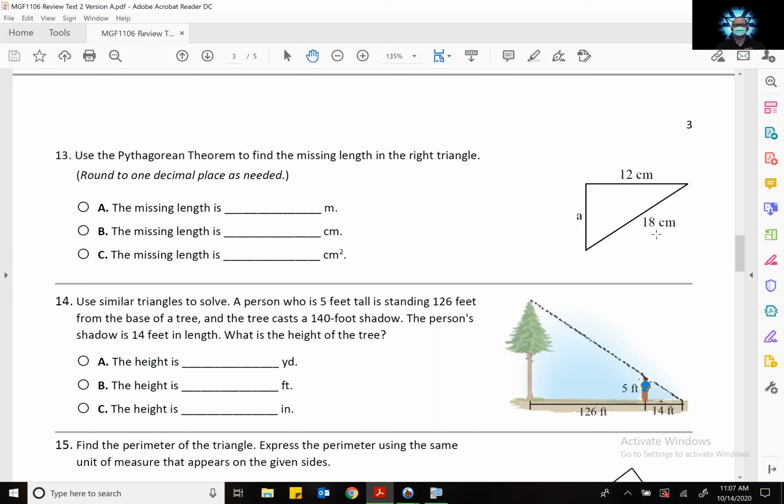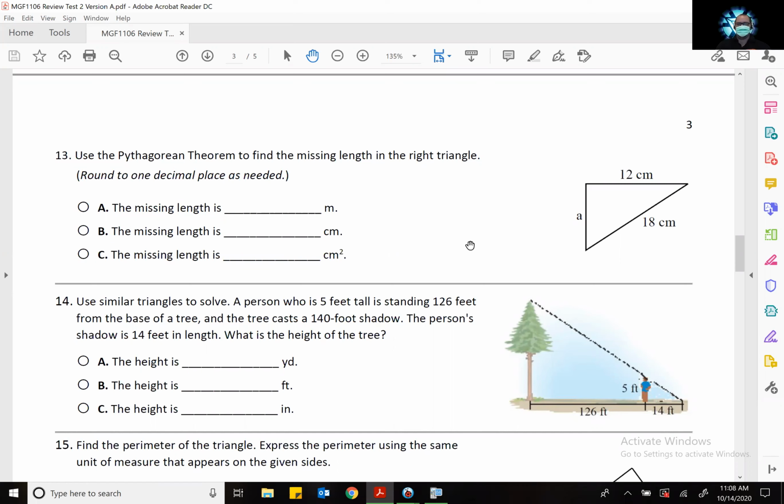Would you really want to convert? I got 180 centimeters squared. We'll get to numbers here in a second. Let's just focus in on the label. If these are in centimeters, would I really want to convert them to meters? No. So we're not going to convert to meters. None of that junk. Oh, is the answer B?